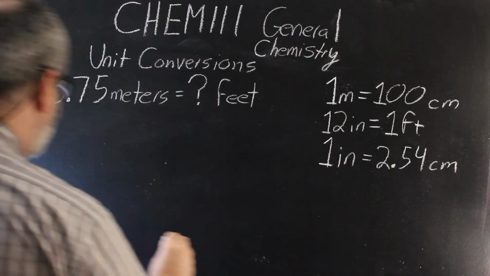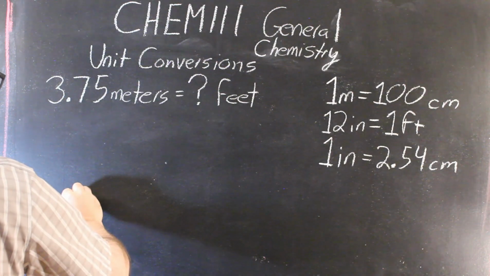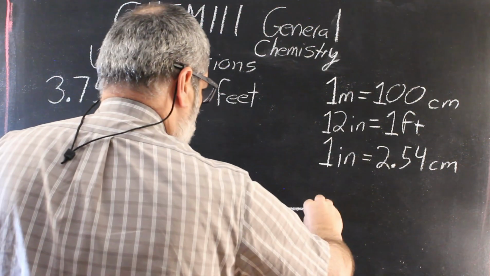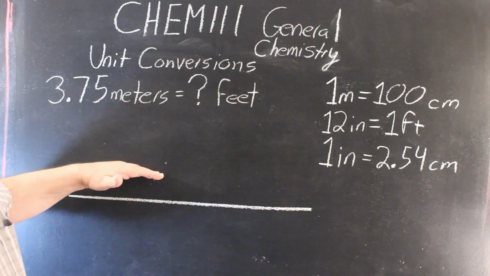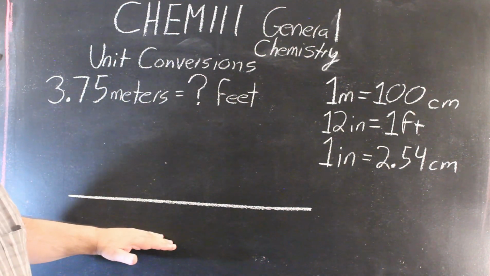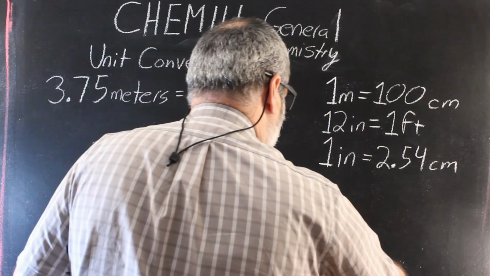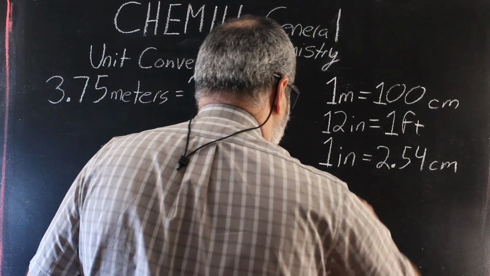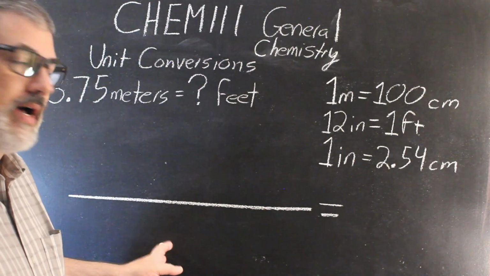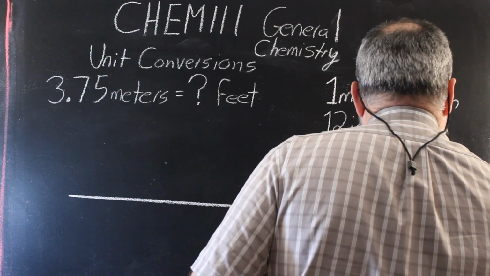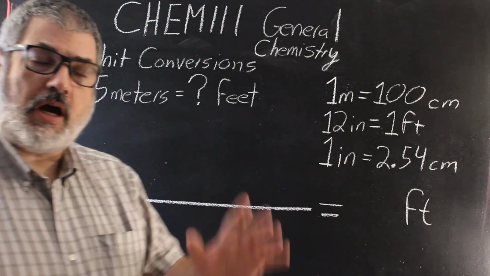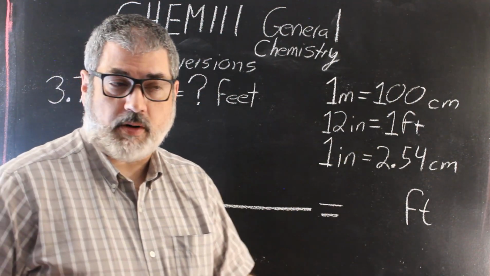Now, the way we approach this problem, the setup: just draw a line. In this line, everything above we're going to be multiplying, everything below we're going to be dividing. This is critical, even though it seems like a small step. Put an equal sign, and then put the unit of measure of what you're looking for.